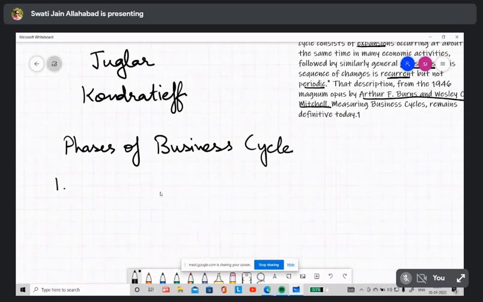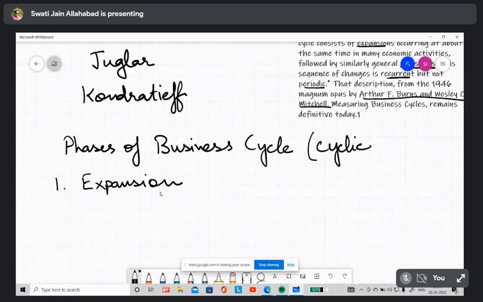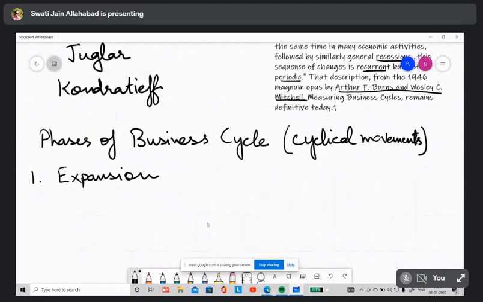The first phase is expansion. We always start with an expansion. When you say business cycle, there is another term you can use, cyclical movements. Cyclical movements of economic activity are known as the business cycle.